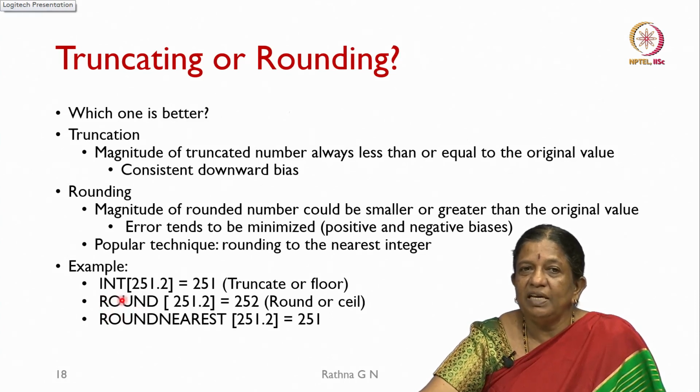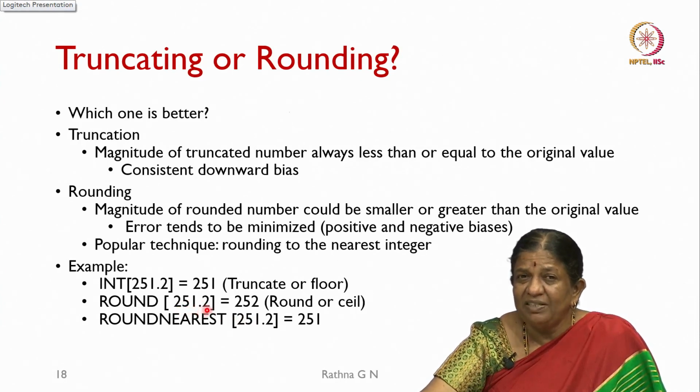So, as you can see in 251.2, truncation, or what we call floor, gives 251. It is not going to cause any damage to the number represented, and rounding also results in the same value. Sorry, rounding is where you add 0.5, so it becomes 251.7, which is rounded to 252.